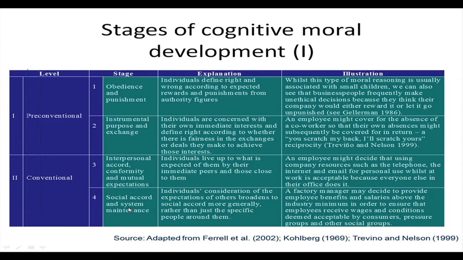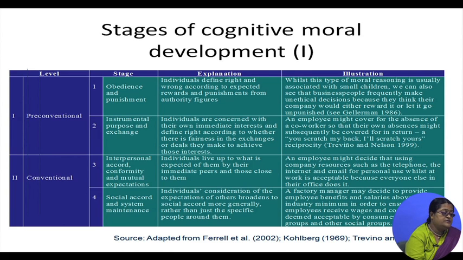Conventional stage 4 is called social accord and system maintenance. This broadens to the social system, where you are more concerned. It is maybe at a stage when you become an adolescent or young adult, where social esteem plays a major role.